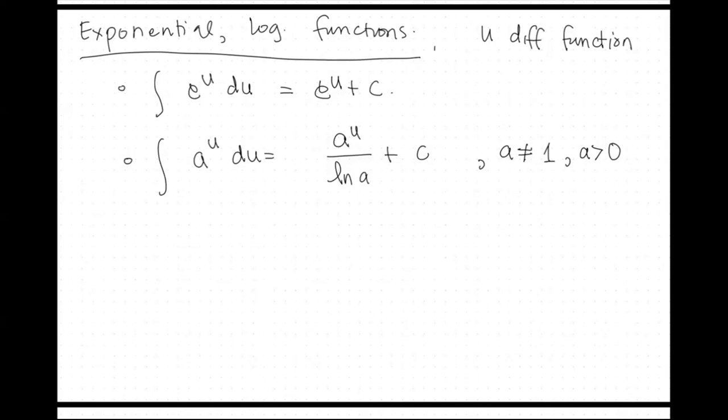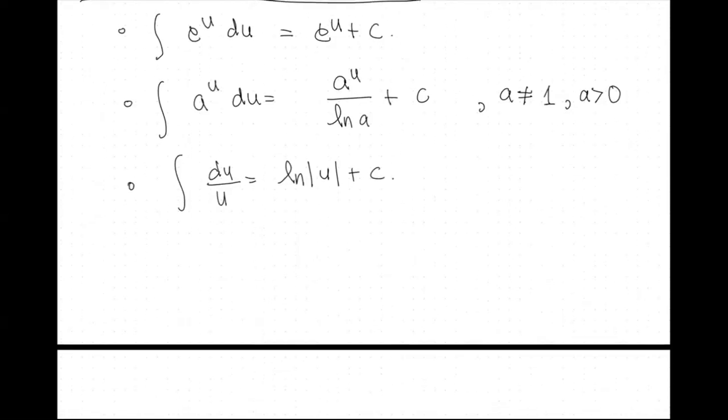And then the other formula is the following. If you get an integral of the form du over u, it's just ln of the absolute value of u plus c.